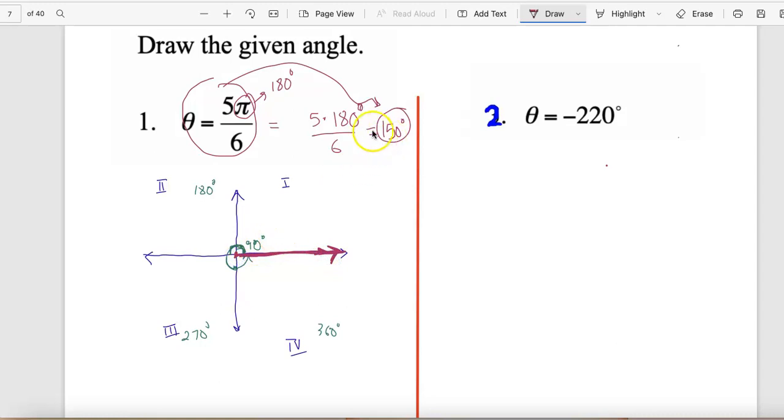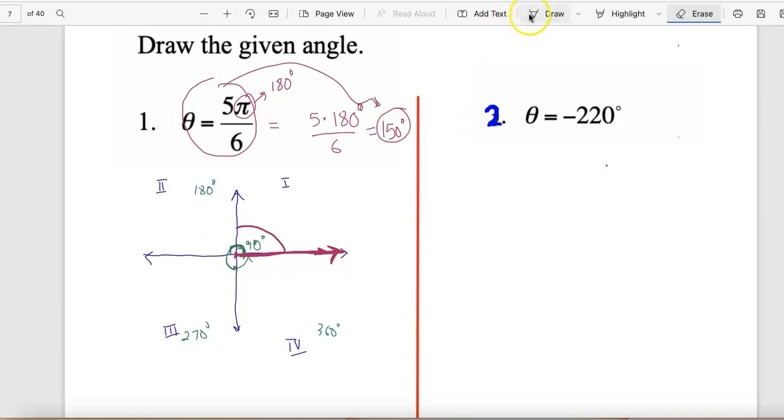Now ask yourself, is 150 between 90 and 180? Yes. You start over here, this is 90, but this is 150, not 90. If you go from here until this place, this point will be 180. But since this is not 180, your angle will be somewhere in the middle between 90 and 180.